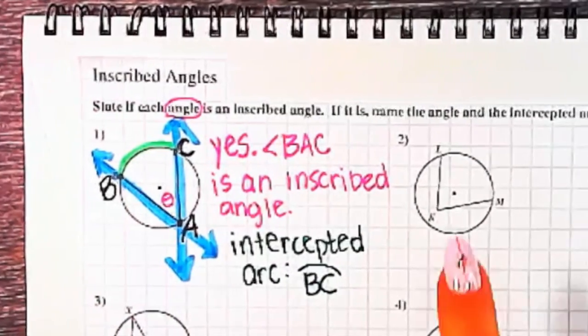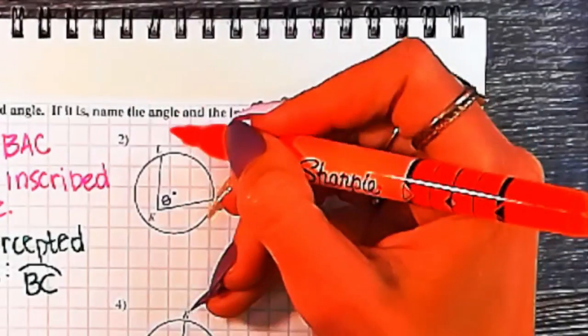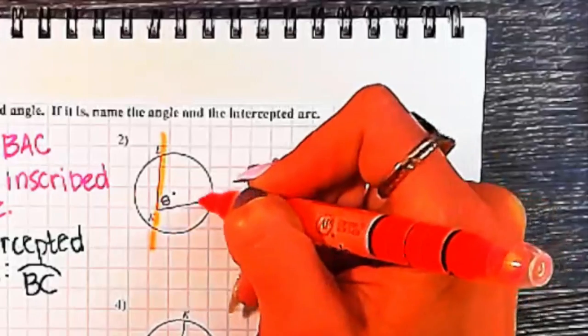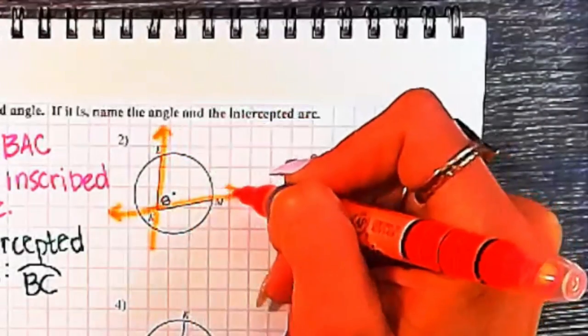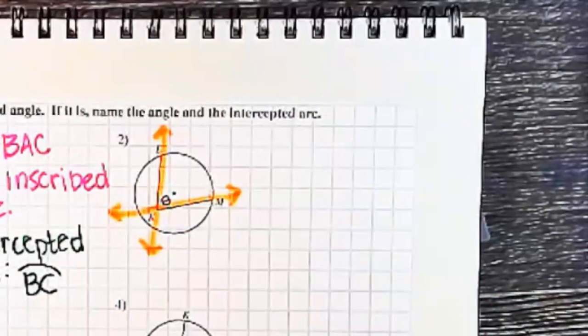Number 2, does this qualify as an inscribed angle? Now, the lines that intersect at the vertex, while they are secant lines, they do not intersect on the circumference of the circle. They intersect inside of the circle.